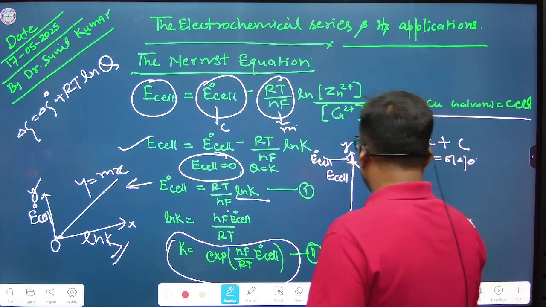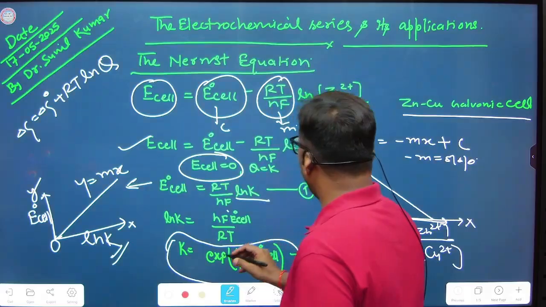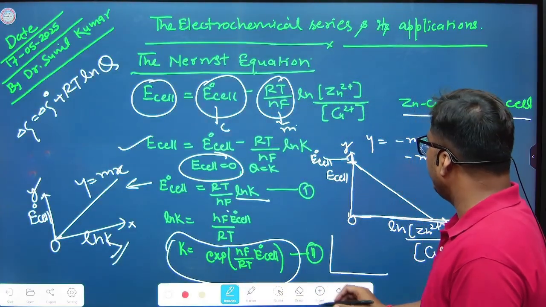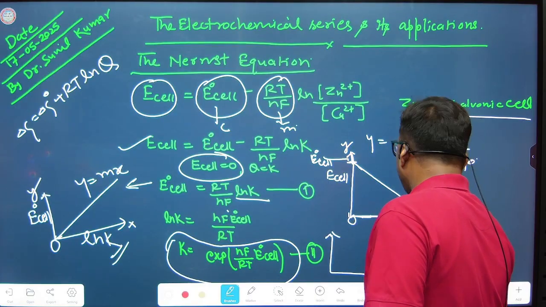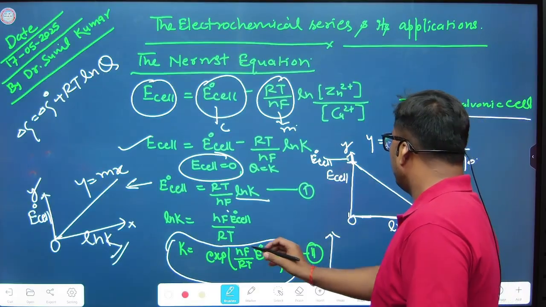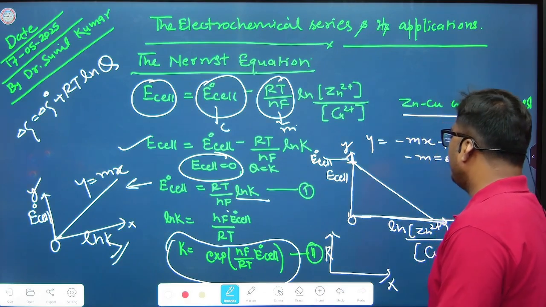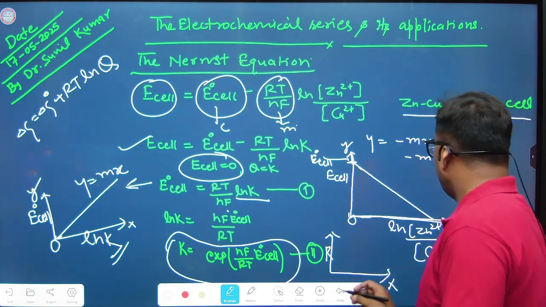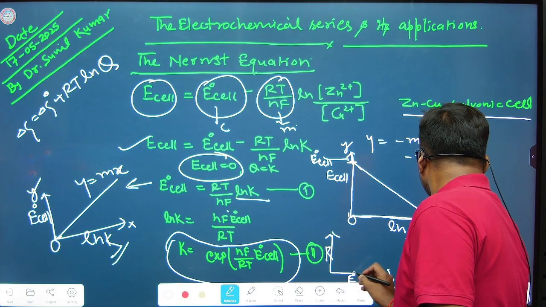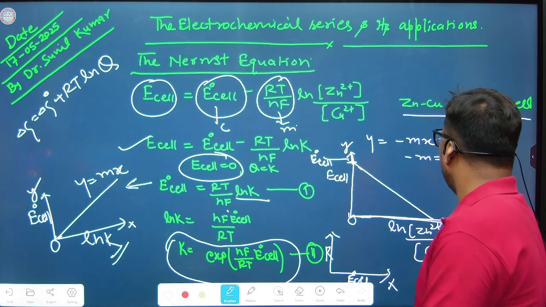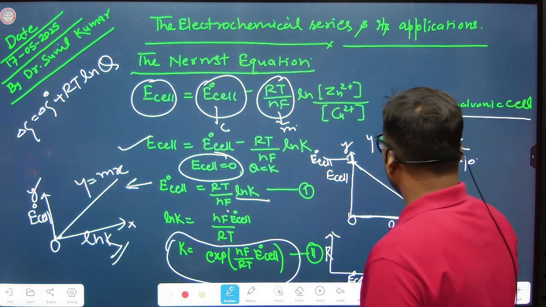So here you just want to draw the graph for this particular equation. So this is the y-axis, and this is the x-axis, right? On the y-axis the value will be K, the equilibrium constant, and on the x-axis it will be E naught cell, right? So what happens here?